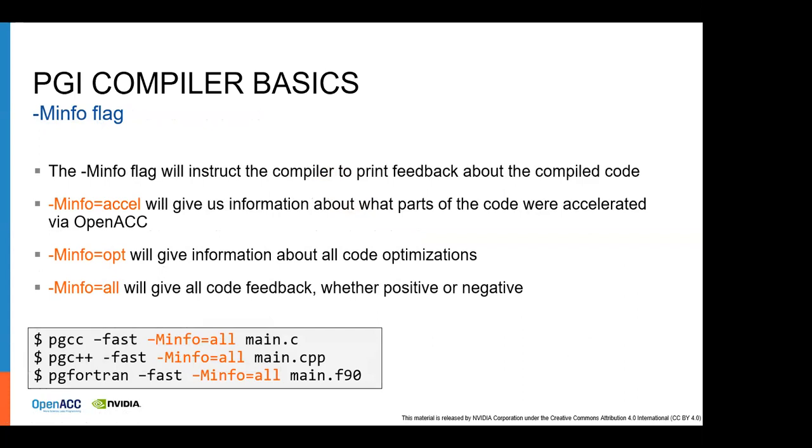Here, if you say -Minfo=accel, it gives information about how it's parallelizing for the GPU when it's parallelizing an OpenACC section. opt will give information about all code optimization.